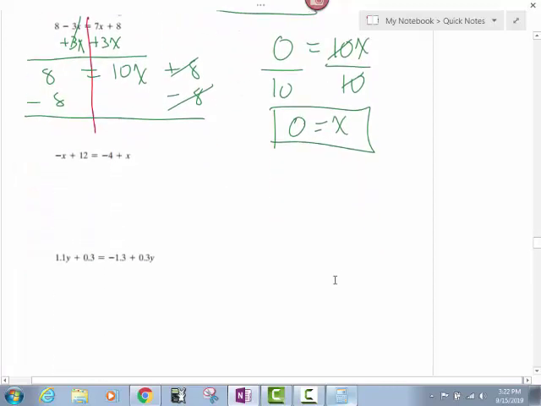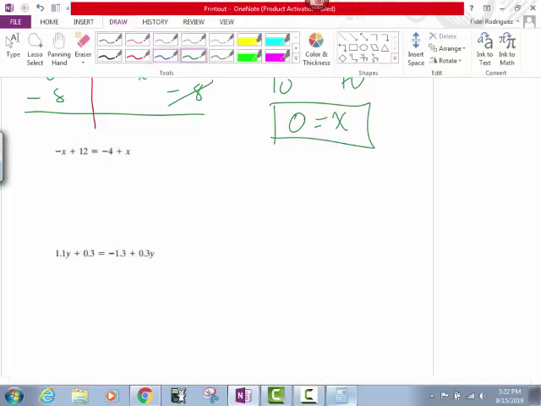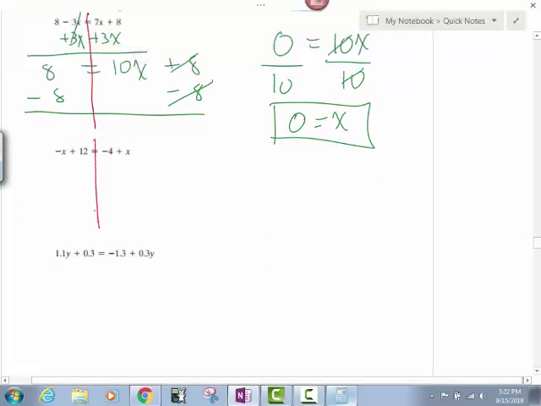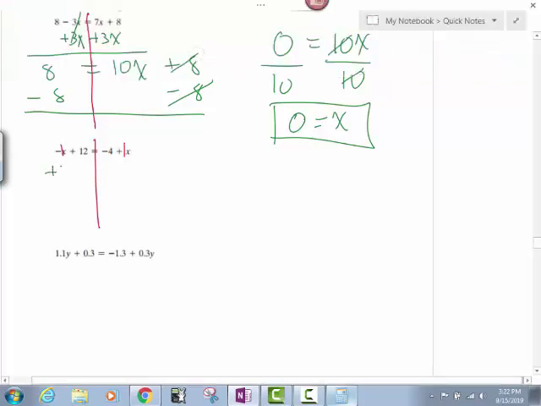Let's do the same thing for the next problem here. So first thing I'll go ahead and do, let me draw my line going straight down. Okay. Think about it. This is the smaller x because it's a negative 1x and that's a positive 1x. So let's move the smaller x by adding 1x here and adding 1x here. Those will cancel.